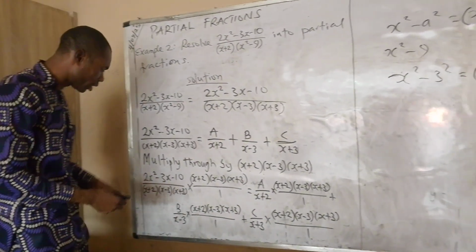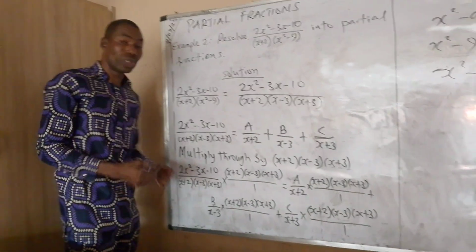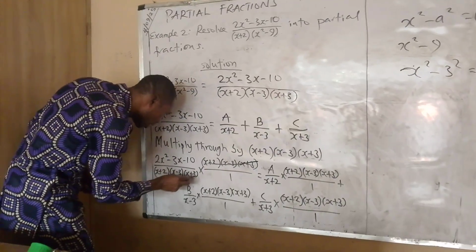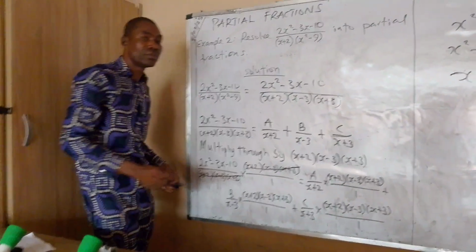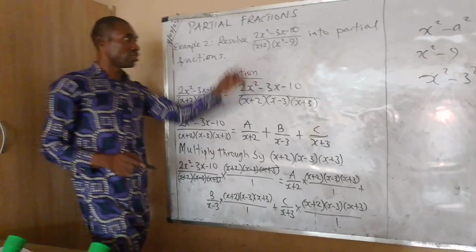Okay, let's clear off the denominators now. From this, you see that this denominator is the same as this, so they will cancel out each other. Now, these will cancel out these completely, leaving only the numerator here. So I will write this now.